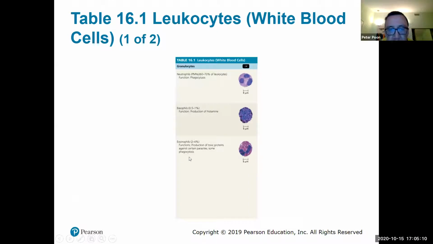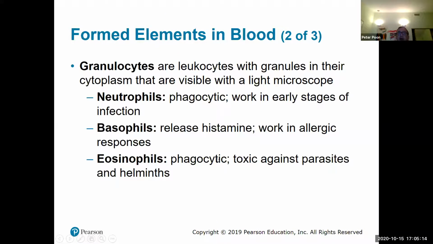Basophils are purplish, the eosinophils are reddish, and they're phagocytic as well, but they're toxic against parasites and helminths. What they do is something slightly different than other ones. They basically deal with groups of pathogens that are too big for the other blood cells to deal with.